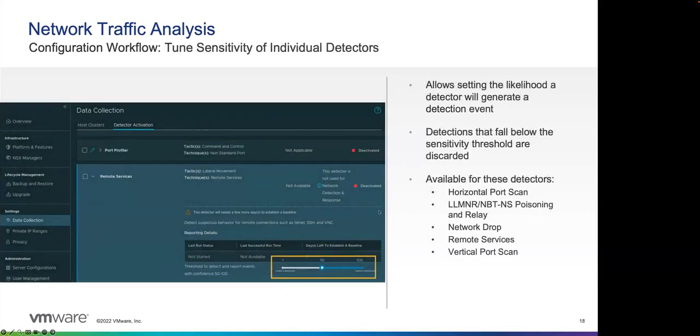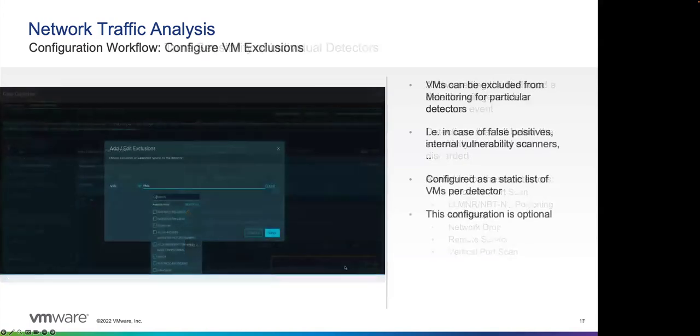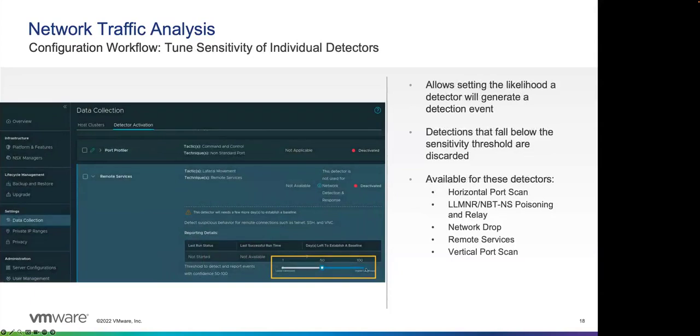Network traffic analysis. So there are about 4 different detectors here, 5, that you can go through and tune the sensitivity, and that's your horizontal port scan, NBTNS poisoning and relay, network drop, remote services, and port covert scan. So you can configure those from 50 to 100, down to 1.